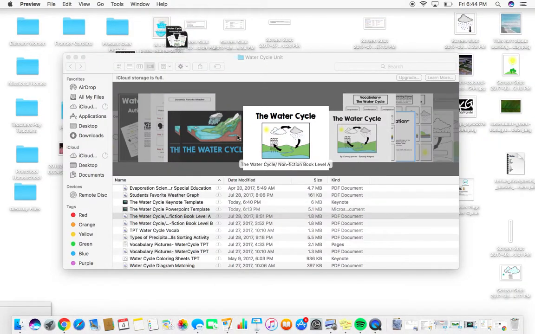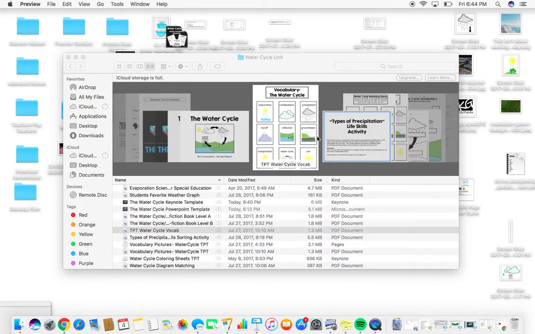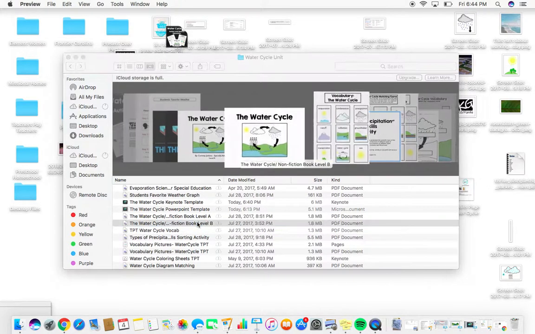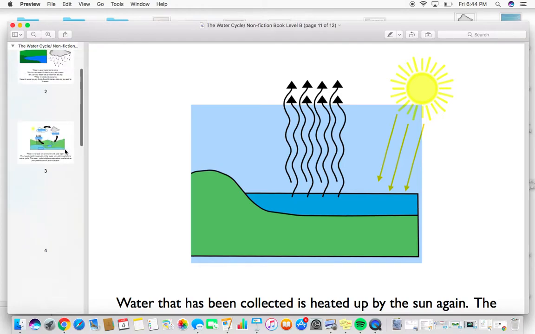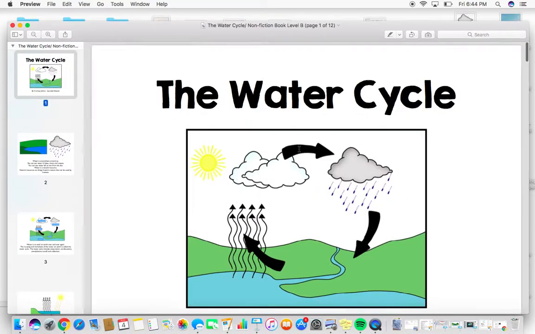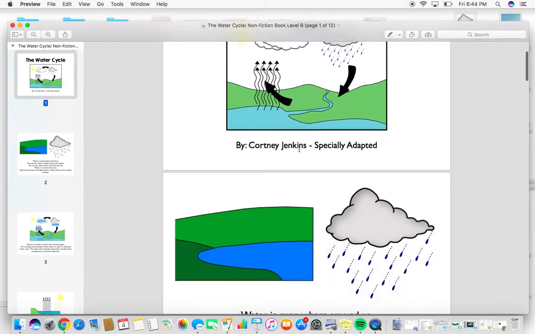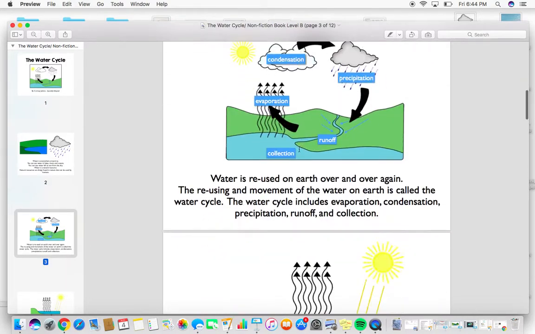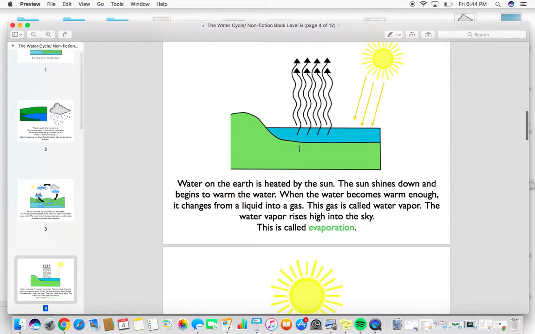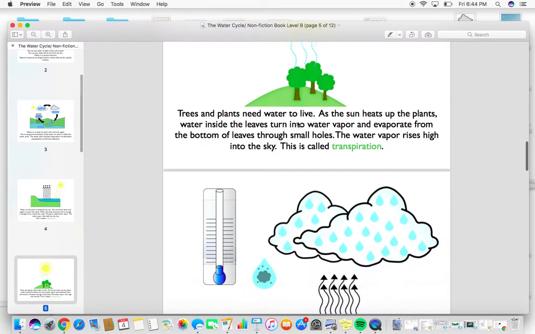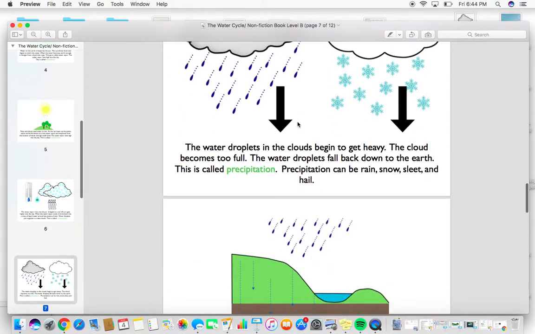Okay, and you can see the difference with level B here. It just has a little more explanation in this version.